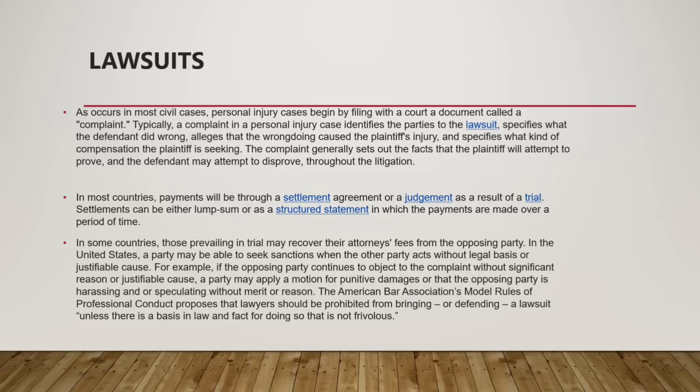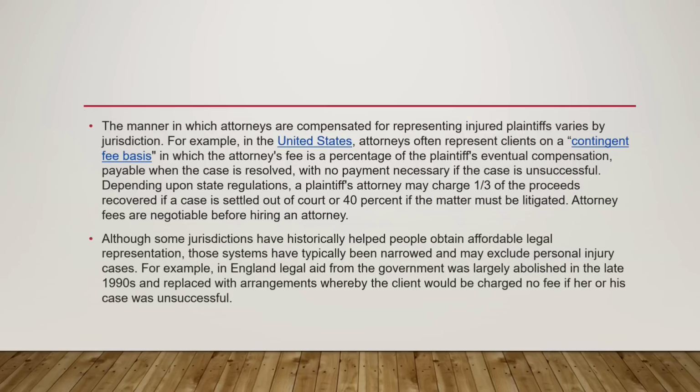The American Bar Association Model Rules of Professional Conduct propose that lawyers should be prohibited from bringing or defending a lawsuit unless there is a basis in law and fact for doing so that is not frivolous.